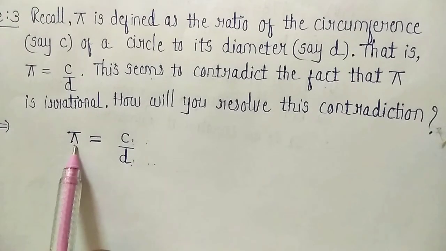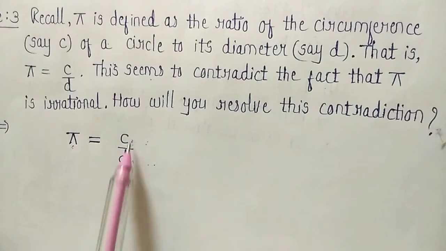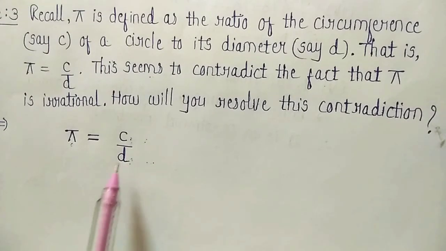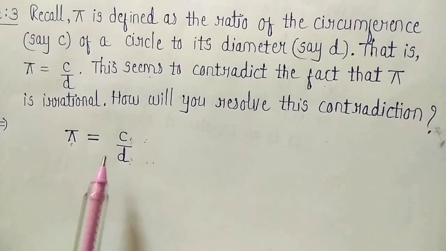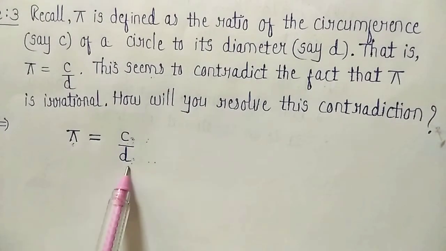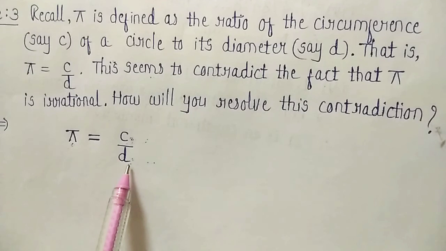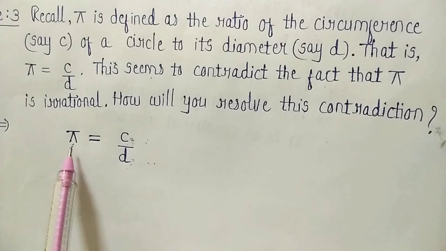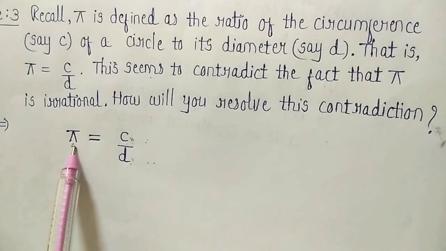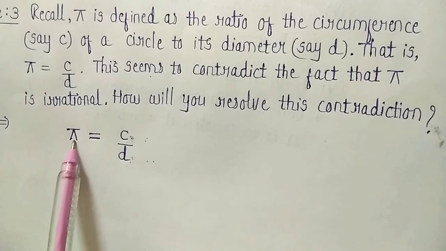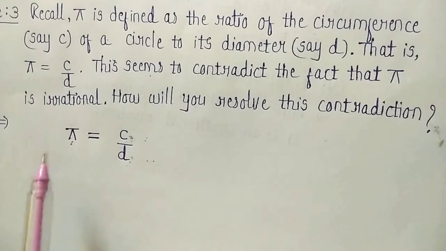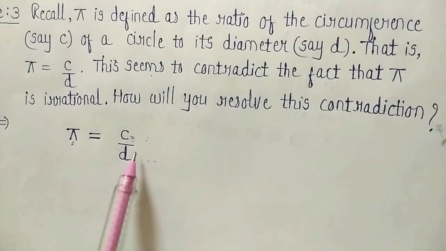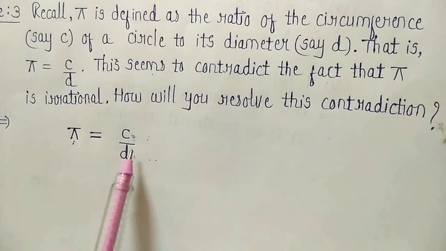This means the quotient, the division of these two, is an irrational number, which means C, circumference, and diameter both are irrational. That is why we are getting the value of pi as an irrational number. So there is no contradiction that these two are rational and this is irrational. When can we get pi as irrational? If these two are irrational numbers. So there is no contradiction for this fact.